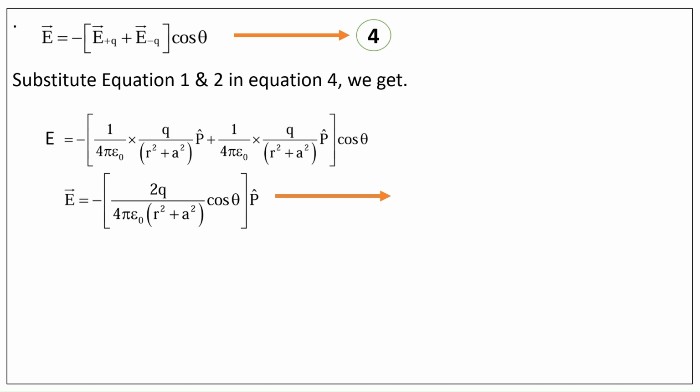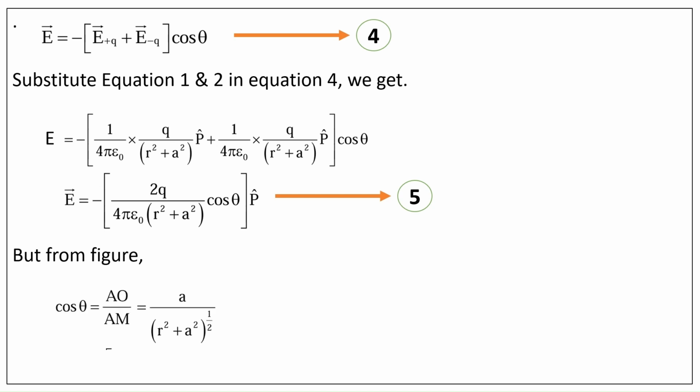That is, E is equal to minus into bracket 2Q by 4 pi epsilon naught into (R square plus a square) into cos theta into P cap. Equation number 5. But from the figure, cos theta is equal to a by (R square plus a square) whole to the power 1 by 2.